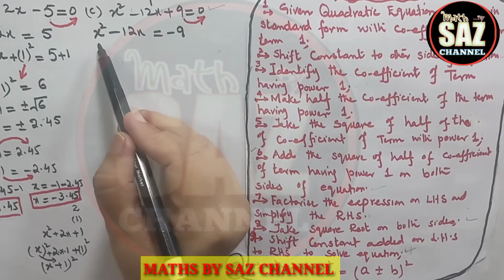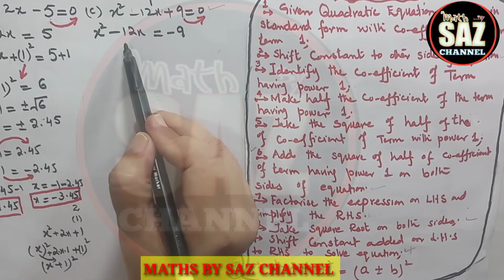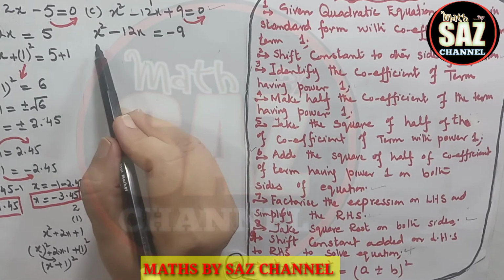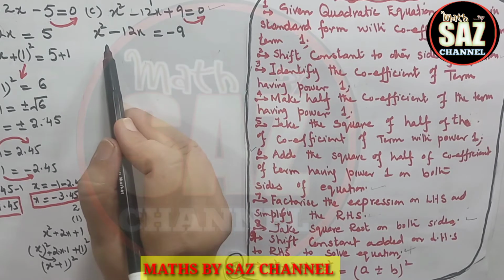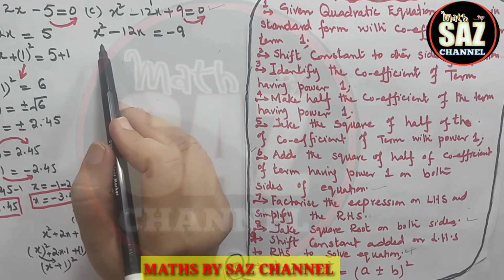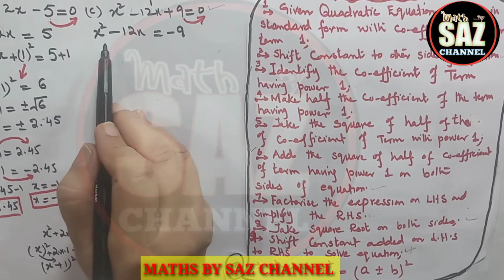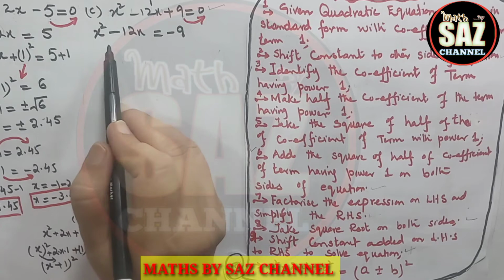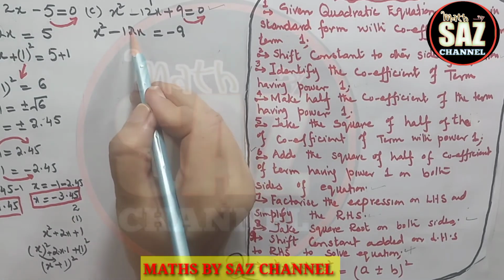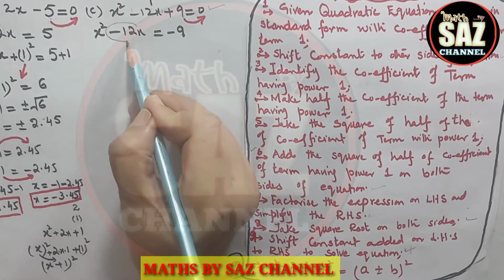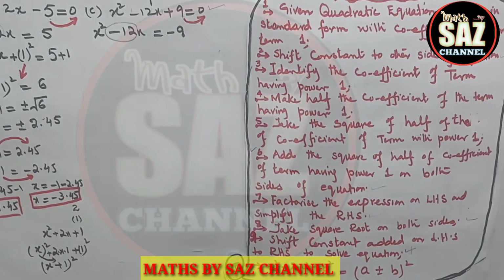Now if we look at the left hand side of the equation, this is the quadratic expression and we have to express this expression in the completing square form, in form of the identity either a plus b whole square or a minus b whole square. For that, we have to observe the coefficient of x, which is minus 12.